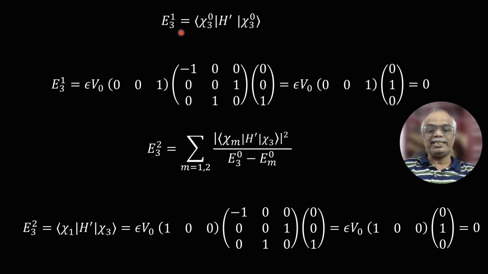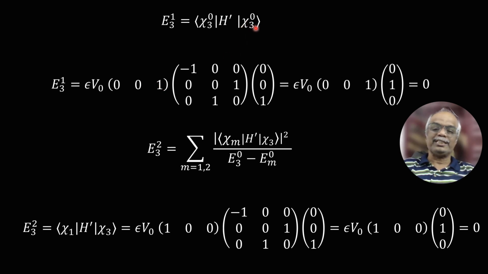So the first order energy correction is, by definition, nothing but the expectation value of the perturbed Hamiltonian in the unperturbed energy state, that is chi3 0 h prime chi3 0. So the matrix h prime is epsilon v naught times minus 1 0 0, 0 0 1 and 0 1 0. And what about this? This ket vector is a column vector. We have taken the third energy state, so naturally this will be 0 0 1.